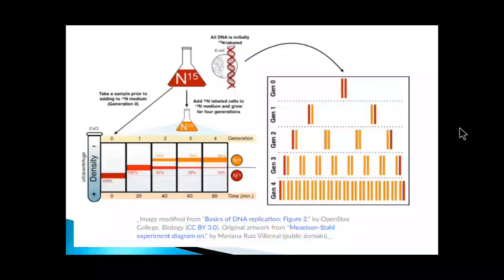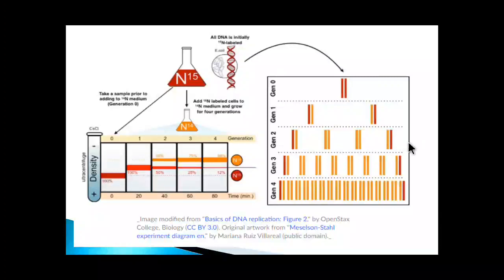And this fits with the dispersive and semi-conservative models but not with the conservative model. Then in generation 2, information from this determines which model fits, that is, it may be semi-conservative or it may be dispersive.